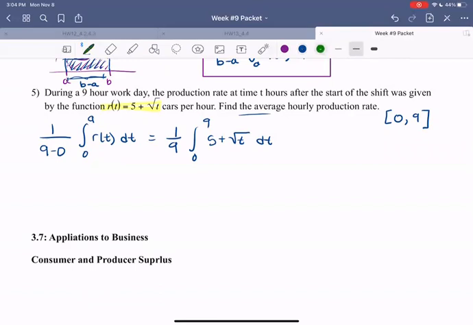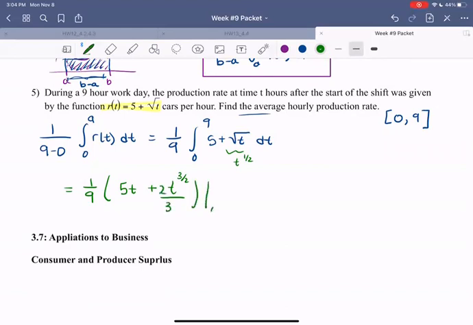So this becomes 1 over 9 times the integral, so we'll find that antiderivative: 5t. And now square root of t, that's the same thing as t to the 1/2. So finding the antiderivative, we'd have t to the 3/2 over 3 over 2. Another way of writing that would be t to the 3 over 2 times 2 over 3.